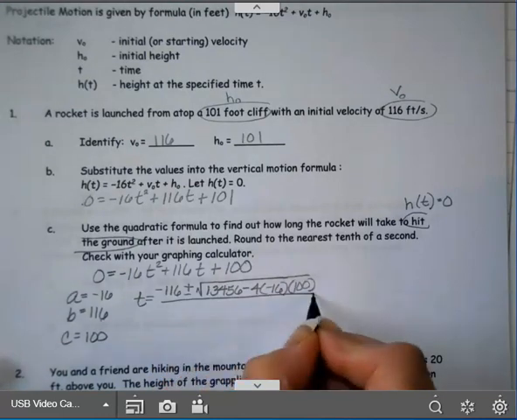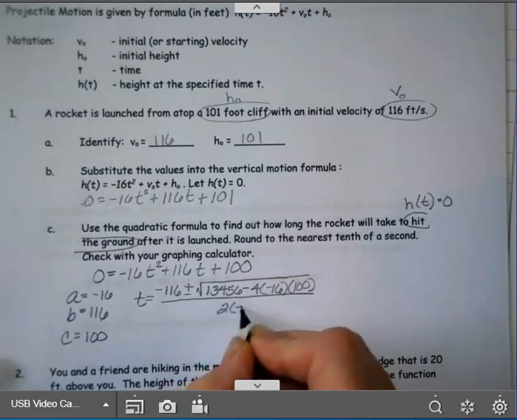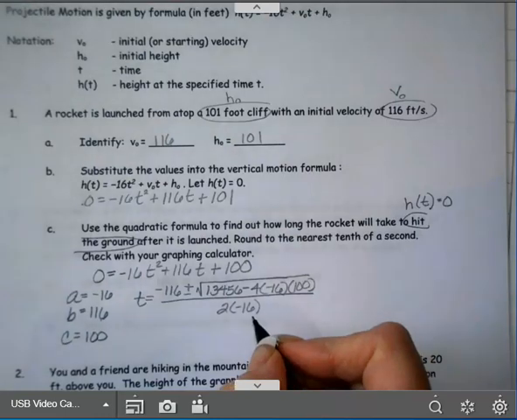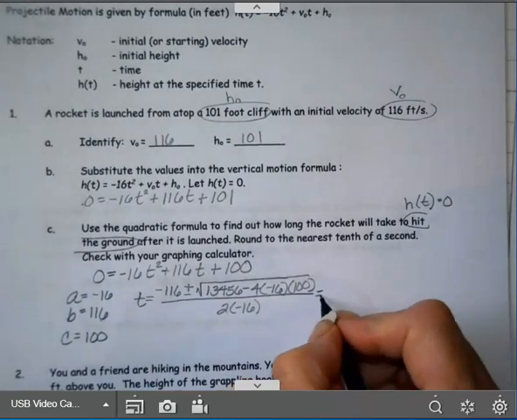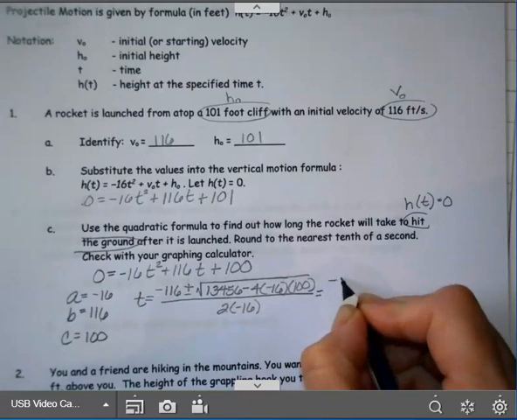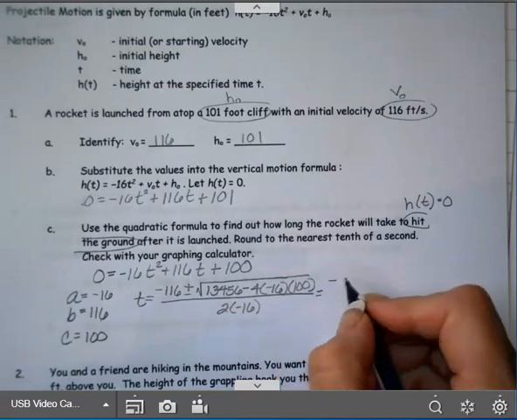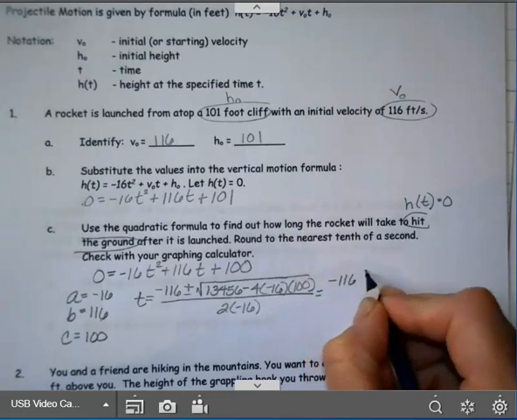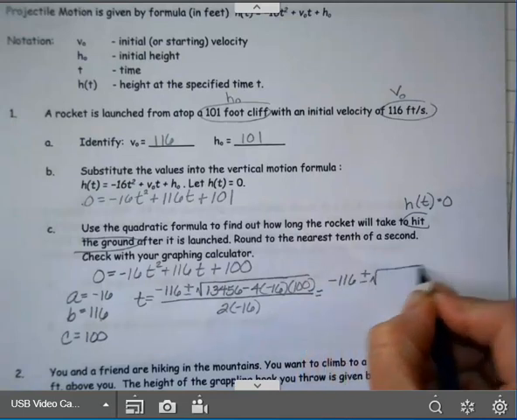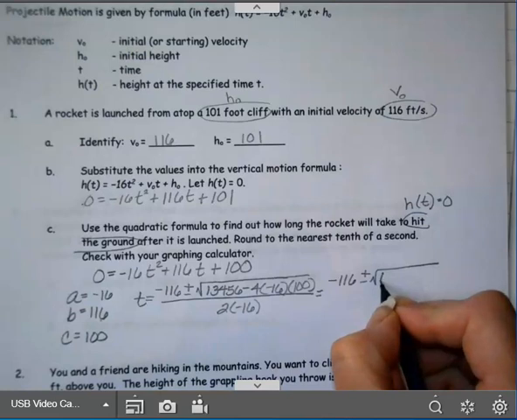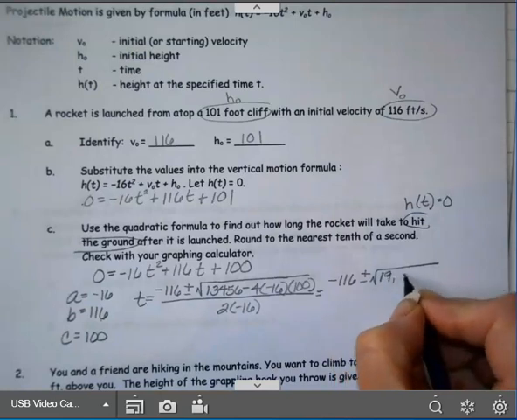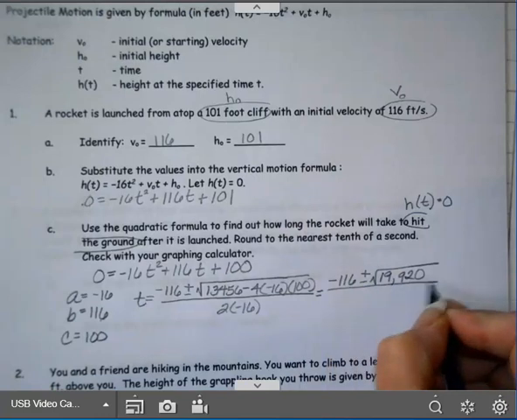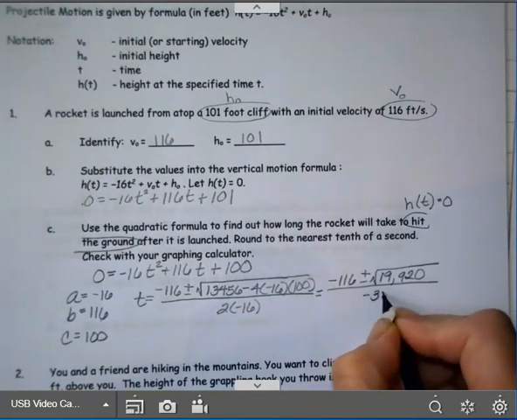And that is all divided by 2 times a. Simplifying the value under the radical, remember that is called the discriminant. You get negative 116 plus or minus the square root of 19,920, and that is all divided by 2 times a, which is negative 32.